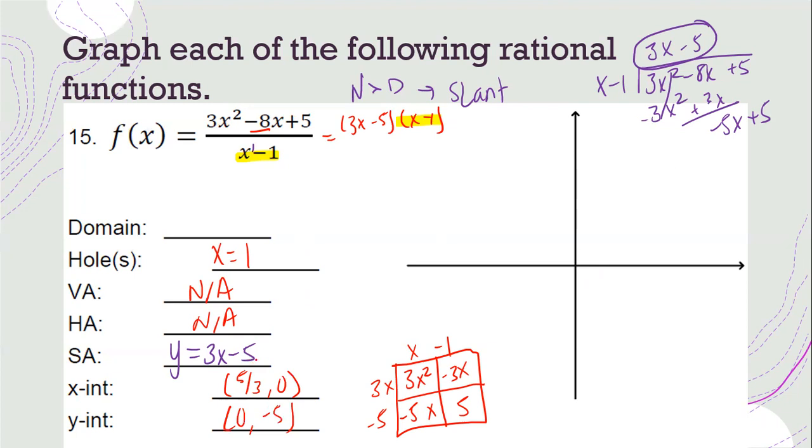3x minus 5 is just going to start at negative 5, and I'm going to rise 3 and run 1. So it takes me to 2 over 1. I'm going to do my very best to just sketch it out from here. We're going to pretend that this is a straight line. It's my slant asymptote.